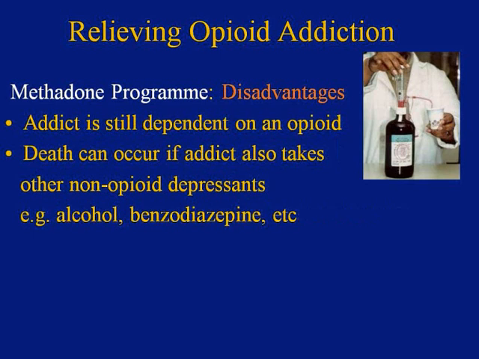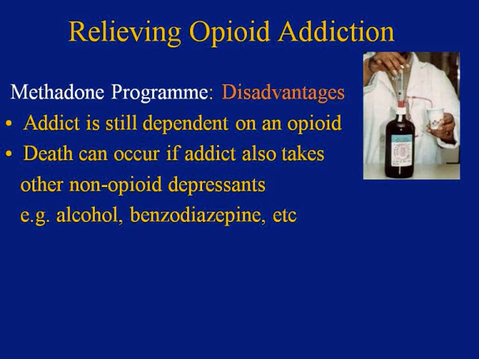But then there are disadvantages as well. The first disadvantage is that the addict is still dependent on an opiate. At first it was heroin, but now he's dependent on methadone. Second is that the patient is still on an opiate, which is a depressant drug. So if the patient were to take some other depressant drugs such as alcohol, benzodiazepine, the side effects would add on.